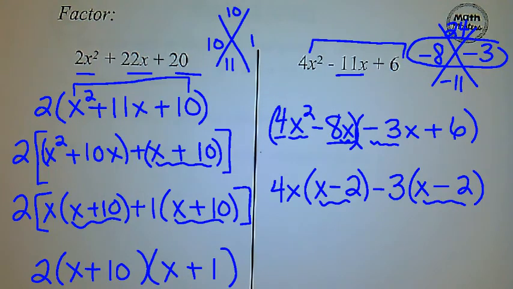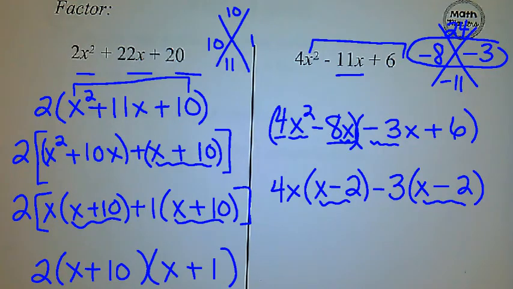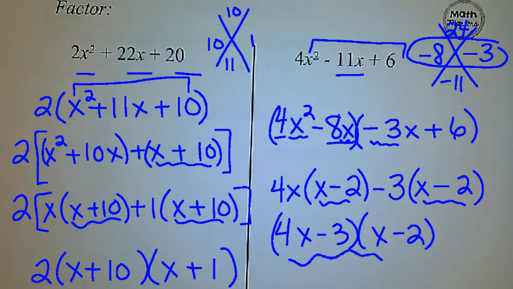So really I divided by a negative 3 on both. So 6 divided by negative 3 gets you a negative 2. Then whatever I'm left over with goes in my parentheses. And that's your final answer.